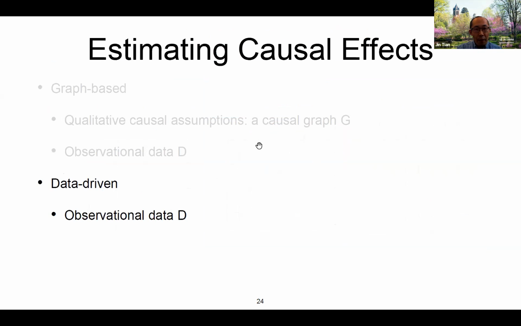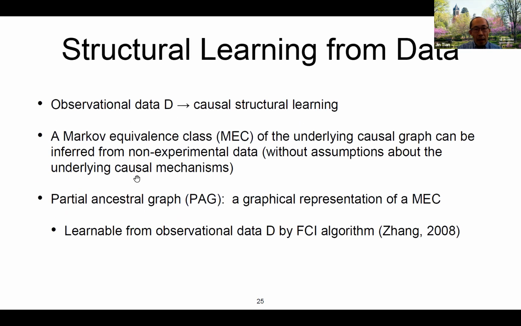So in the first scenario, we assumed we know the causal graph. In the second scenario, we will consider a purely data-driven situation. We only have the observational data. We do not have the causal graph. So we are going to assume that we can run some causal structure learning algorithm, attempting to learn the underlying causal graph.